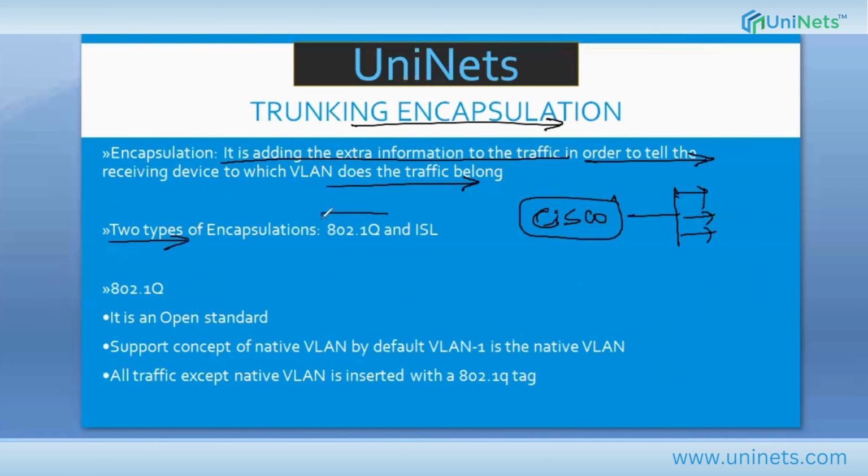One is 802.1q, which is an open standard, which means that everyone can use this. Everyone will understand this 802.1q encapsulation. And the other is ISL, inter-switch link. ISL encapsulation is Cisco proprietary.